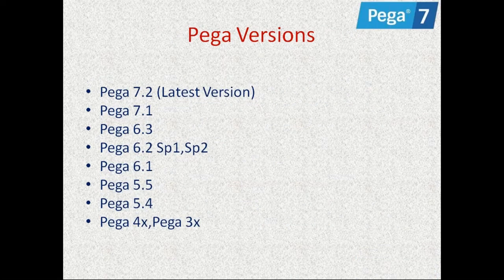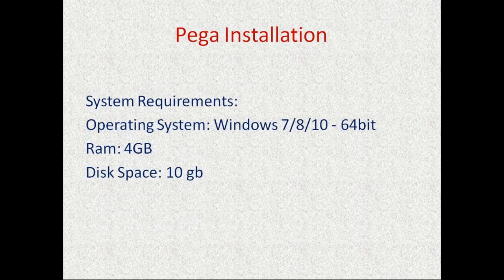Coming to the versions, these are the previous versions, starting with the 1x version, then 3, 4, 5, 6, 7. These are all the versions we have in PEGA PRPC. And coming to the setup installation requirements, you can install this PEGA setup on any operating system, but basically everyone will have Windows.